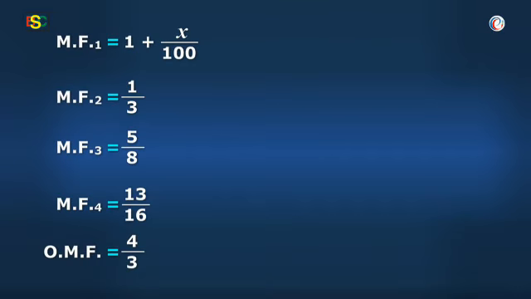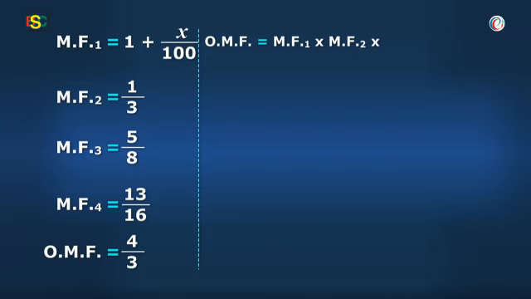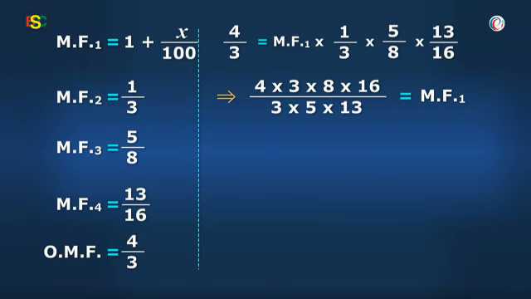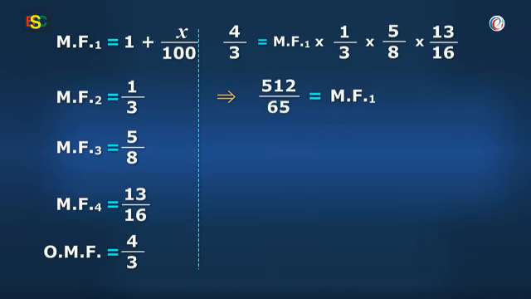Right, Vidya. And now, which formula do we apply, Vidya? Well, obviously, OMF is equal to MF1 into MF2 into MF3 into MF4, or MF1 into 1 by 3 into 5 by 8 into 13 by 16, which is equal to 4 by 3, or MF1 is equal to 512 by 65.